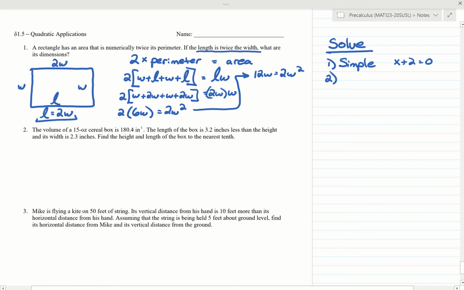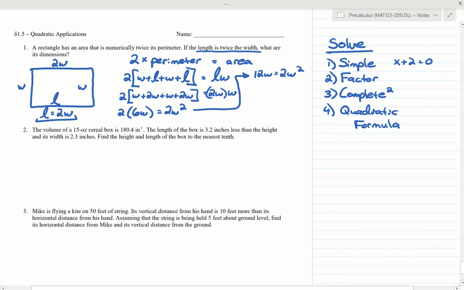But the next step, if it's not simple, we've been talking about factoring. And factoring, there's 4 components to that. We've talked about that a few times. If the problem doesn't factor, then we look to complete the square. And if you don't want to complete the square, we also talked about what's called the quadratic formula. So those are the tools we have at our disposal here.